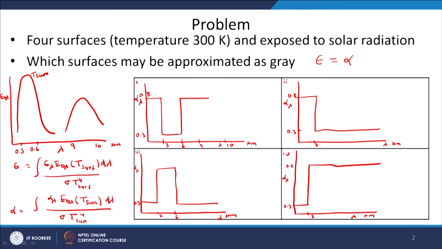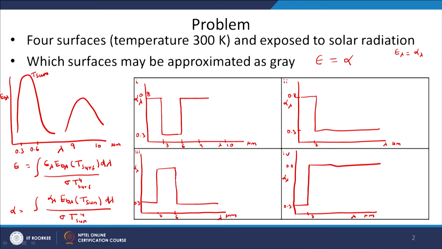Now, from Kirchhoff's law we have epsilon lambda equal to alpha lambda. We put these values in the expressions, and what we find is that for surface number 1, epsilon lambda and alpha lambda are 0.8 where the solar spectrum lies.